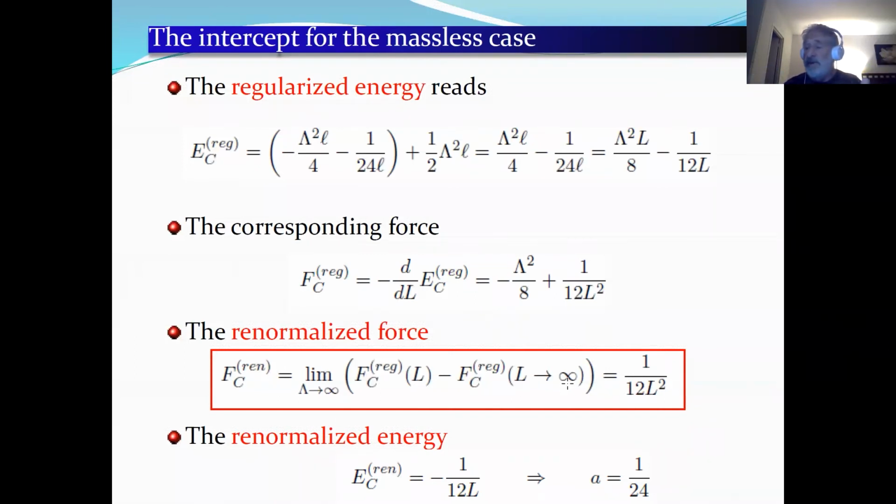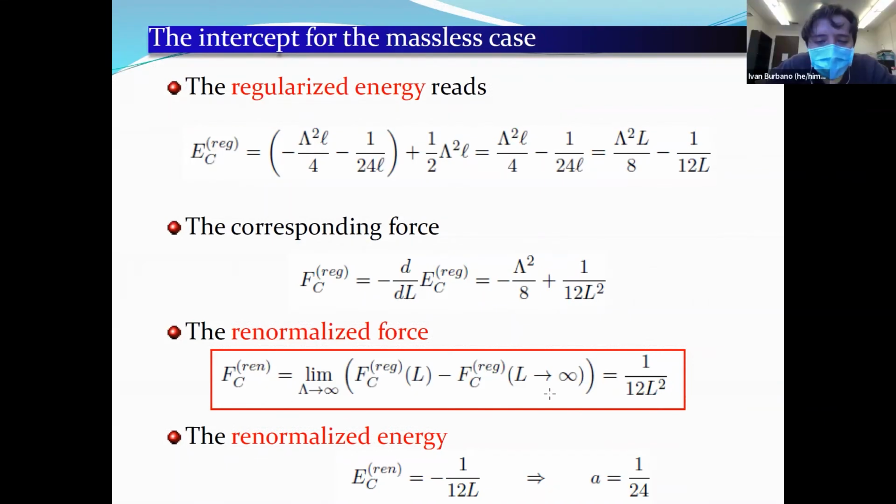What do you do with the Casimir effect? You have two plates, and you subtract the energy of the zero modes when there is some finite distance between them, and when you take the plates to infinity, right? And that's exactly what we've done here. We subtracted the case of L goes to infinity.